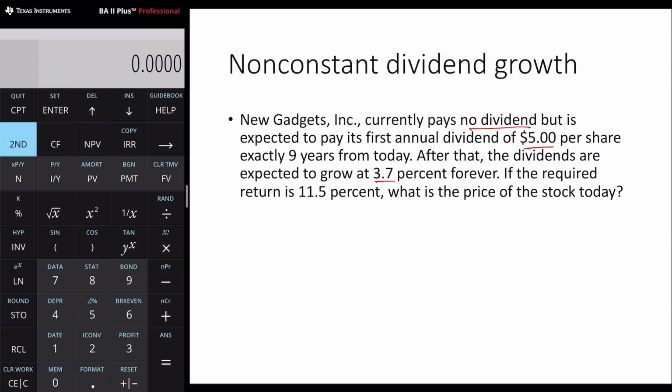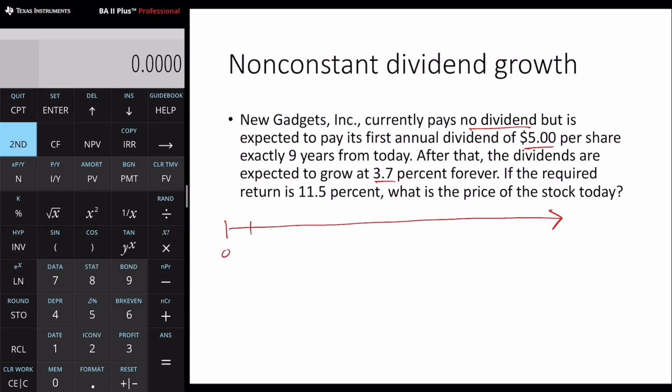All right, so for a problem like this, it's going to have multiple parts. And so we need to understand what each part looks like. Now, in the problem, it's relatively simple if you are standing at time 8. And to give you an idea of why, let's draw the timeline.